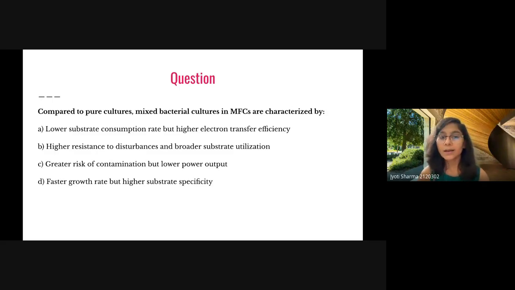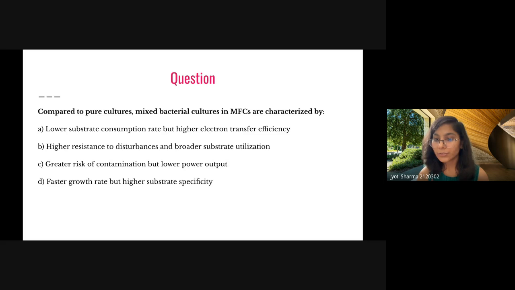So what are the characteristics of mixed bacterial culture that we will use in microbial fuel cell? Okay, so let me see the answers.